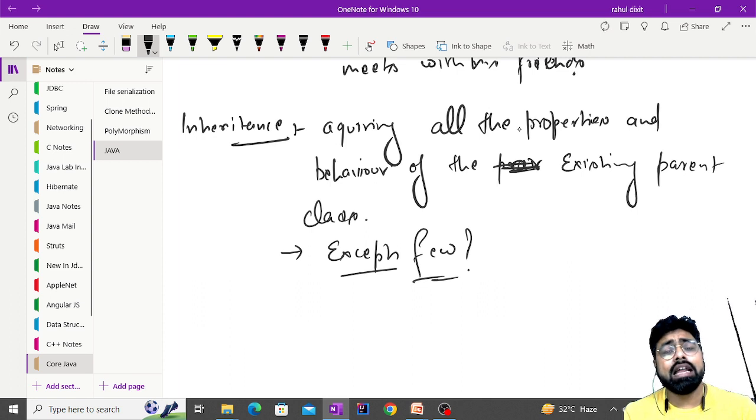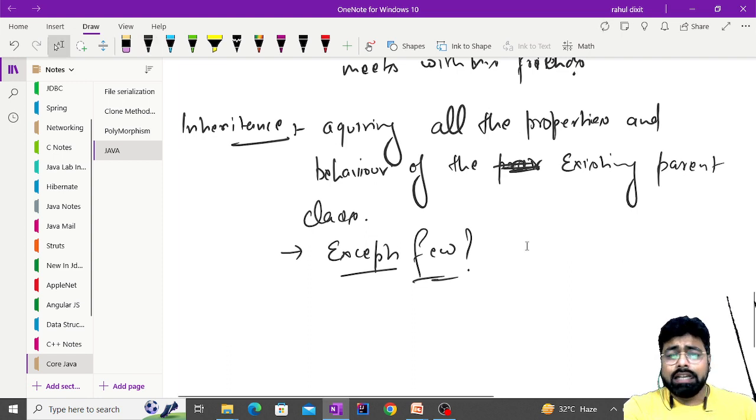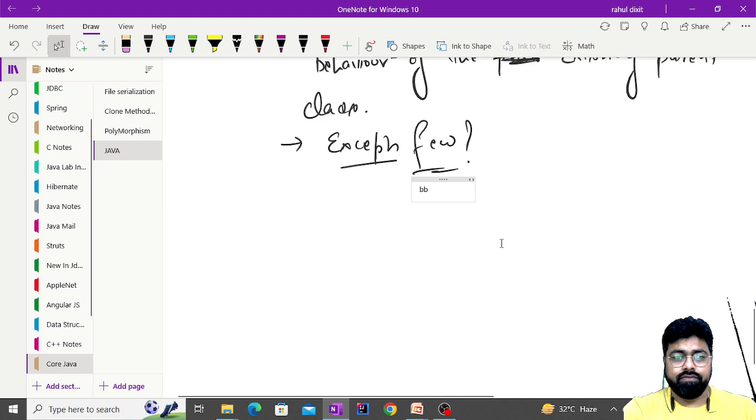How many types of inheritance are there? How many types of polymorphism are there? Which inheritance is followed by Java or not? We can discuss all these questions in further lectures. That is all about the inheritance definition.